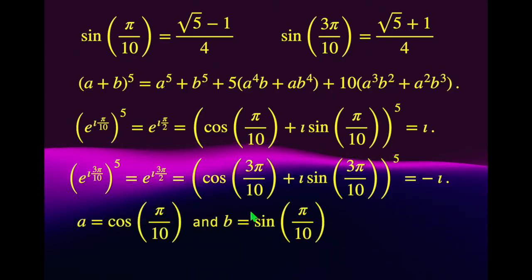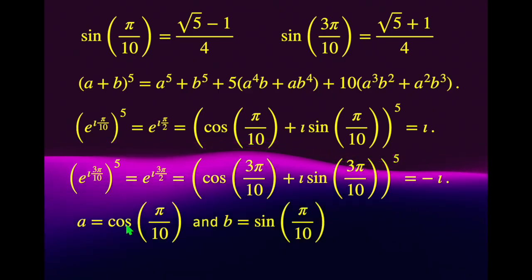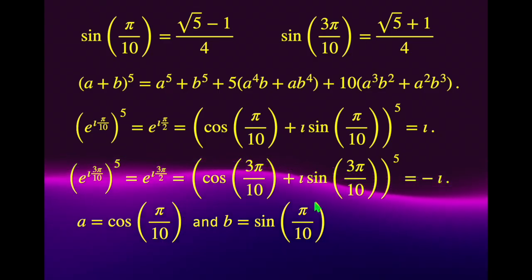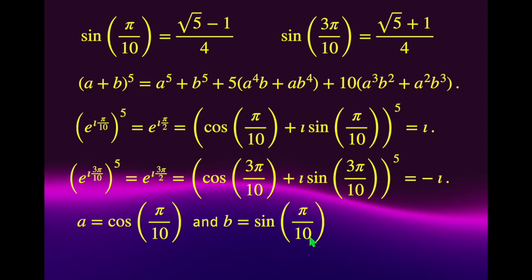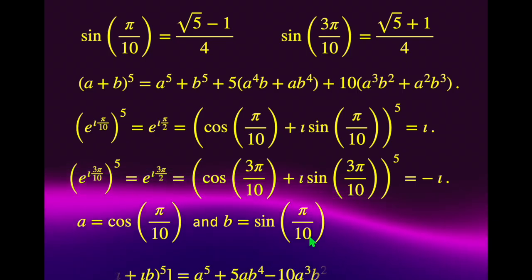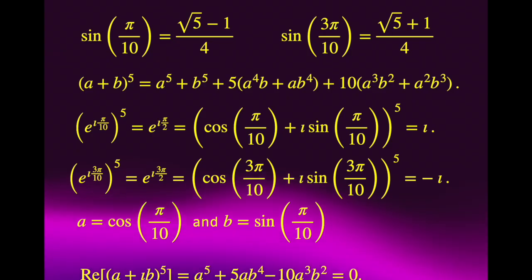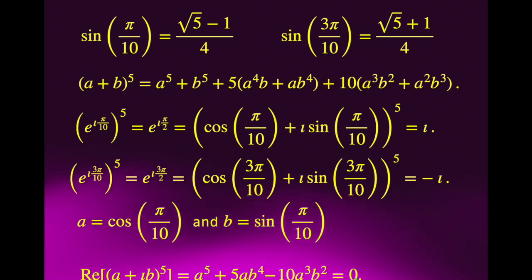Now we put a equal to cosine pi over 10 and b equal to sine pi over 10, and we compute the real part of (a plus ib) to the power 5. We get this formula, and it is equal to 0.